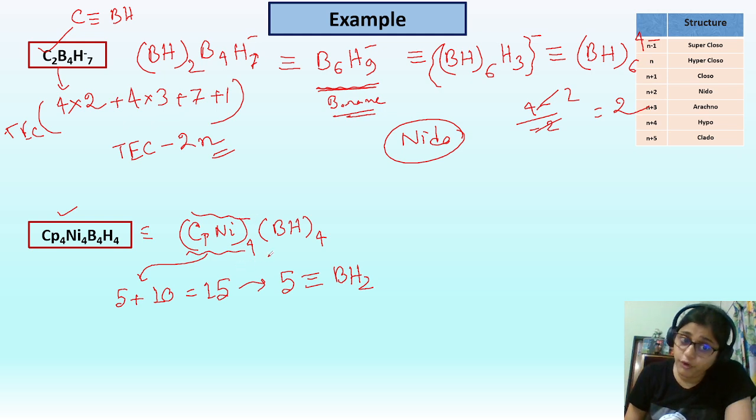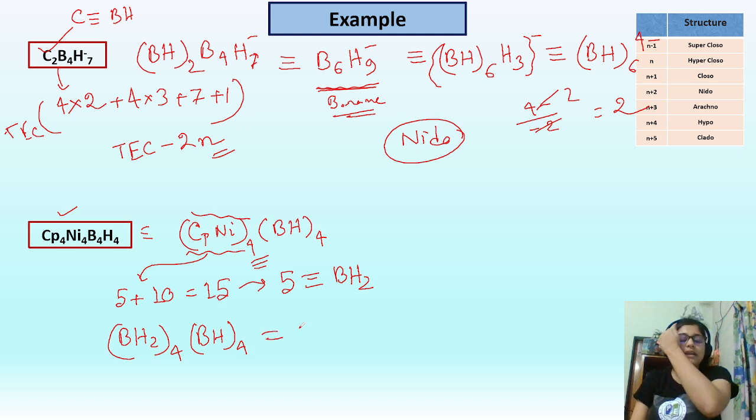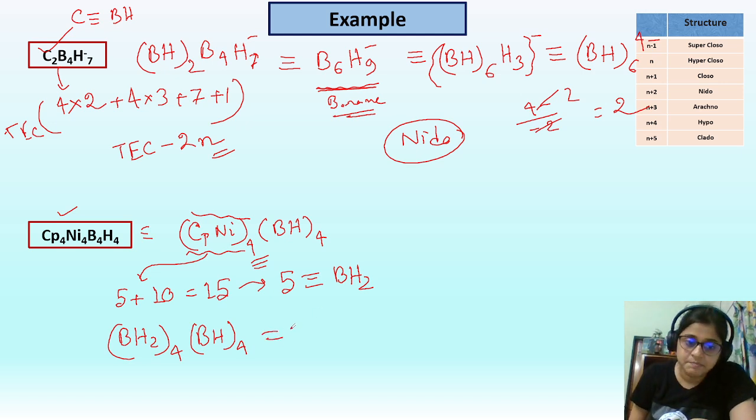This whole 4 will be there. Please watch carefully, whole 4 will be there, but only in the place of CpNi, we can replace it with BH2. So BH2 whole 4 now, and BH units are there. Now we have to see how many B and how many H are present. B4 and 4, B8, and hydrogen will be 8 and 4, that is 12.